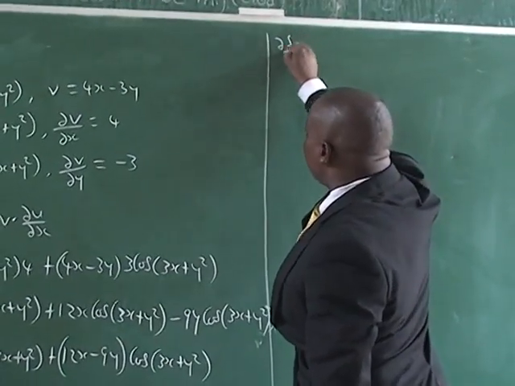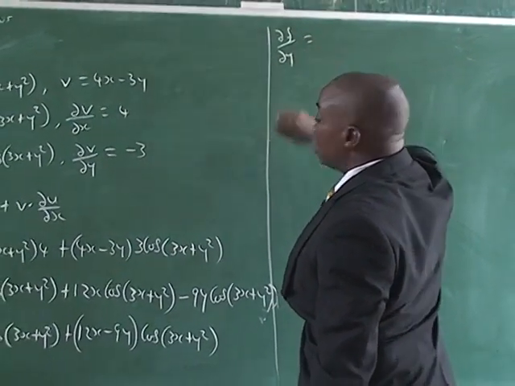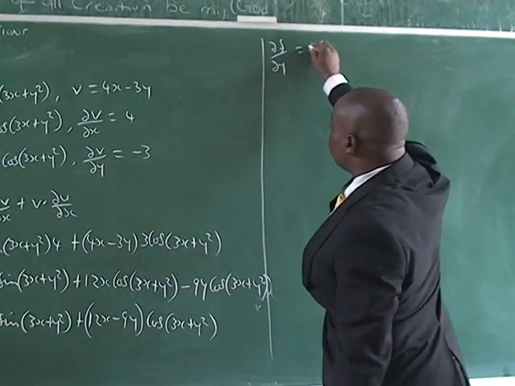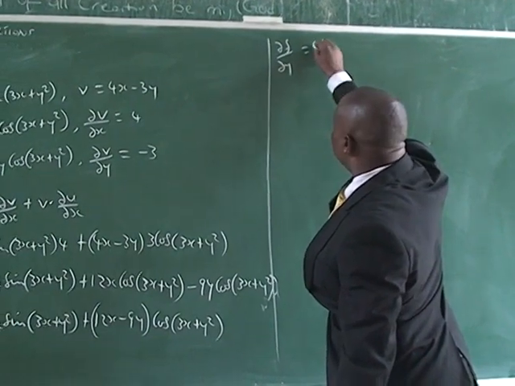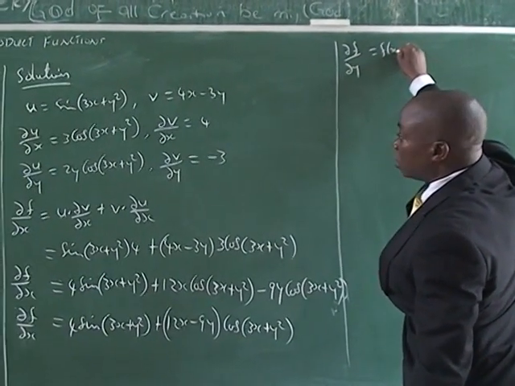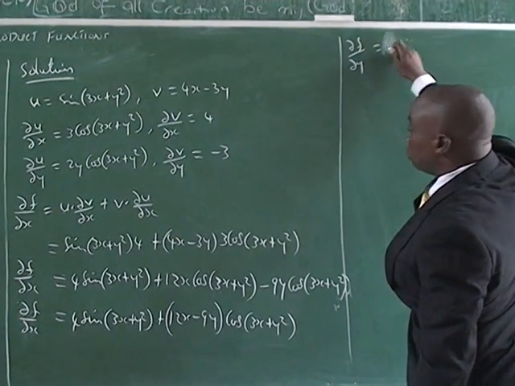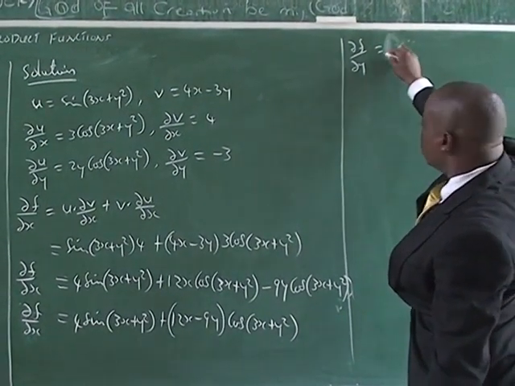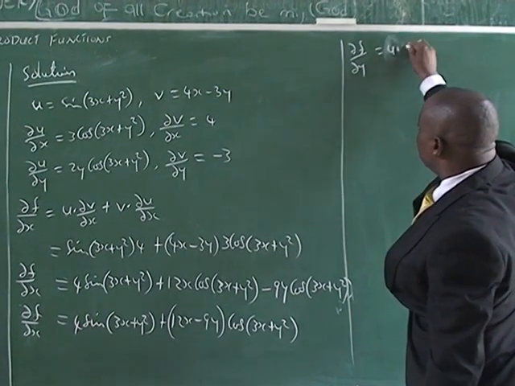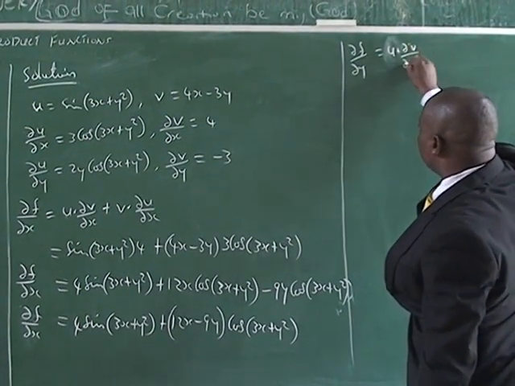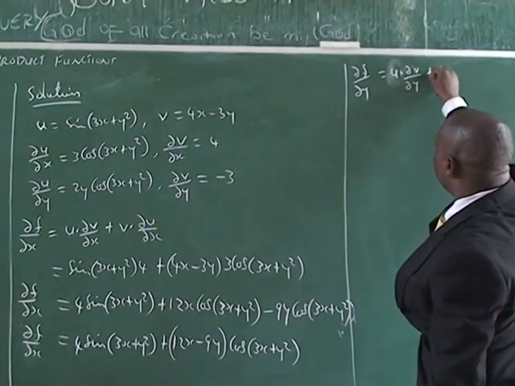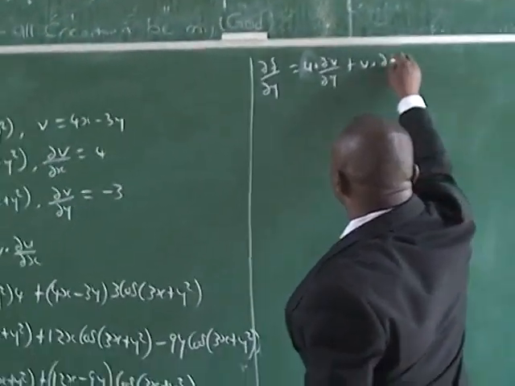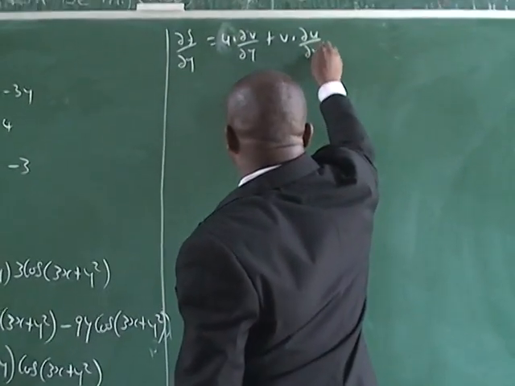Partial f partial y will be the same as u, we defined it in terms of u, so just say u partial v partial y plus v partial u partial y.